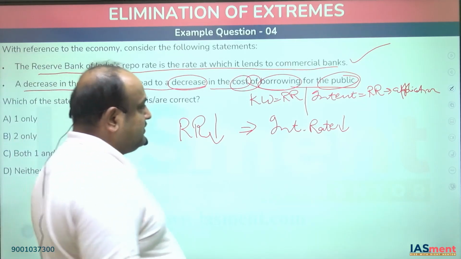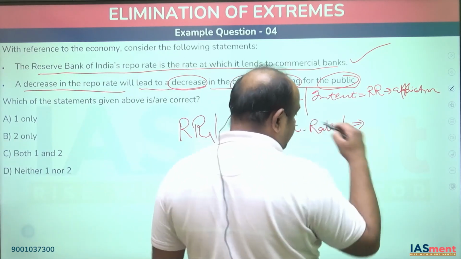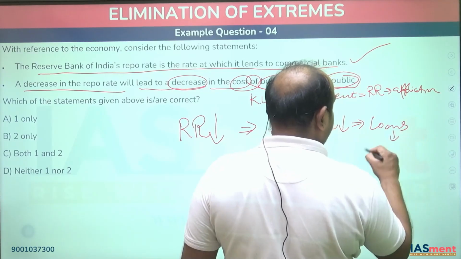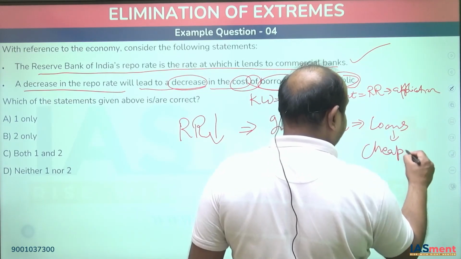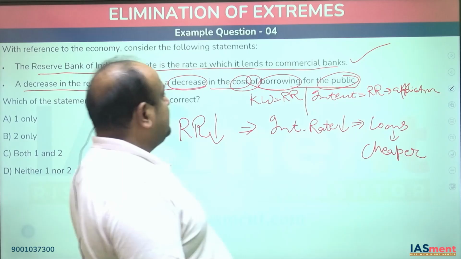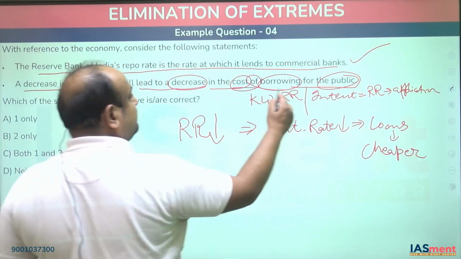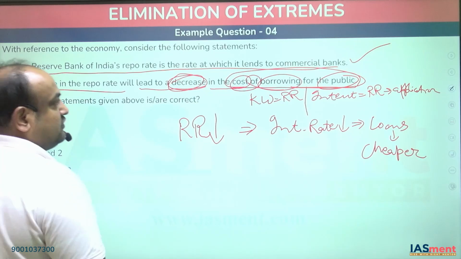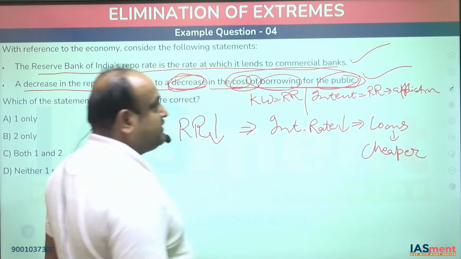All right. It means the loans will now be cheaper. It means the cost of borrowing for the general public will decrease. So we can say that this option is also correct.